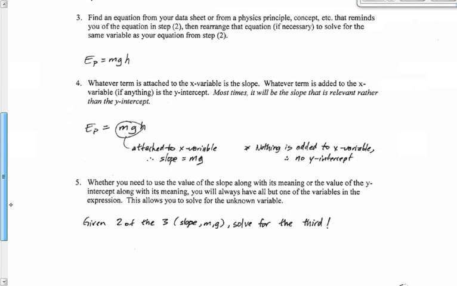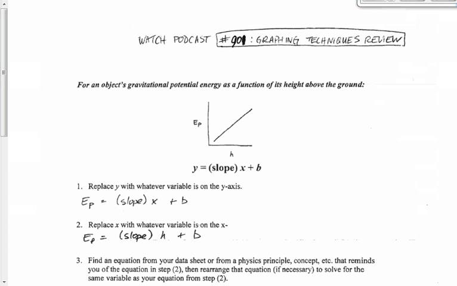Yeah, page 2. We got a graph here of EP versus H. All the solutions are listed below that, on the sheet that I handed out to you yesterday. But I want to go through that process right now, real time, just like we have for every activity that we've done this year.